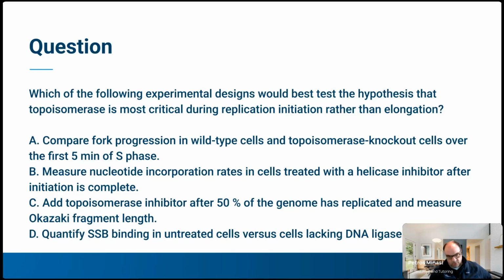This is one of those types of questions where they say, which of the following experimental designs would best test the hypothesis that topoisomerase is most critical during replication rather than during elongation. So this is where we go and say, okay, what did the passage actually tell me? What was the information that was actually given to me?